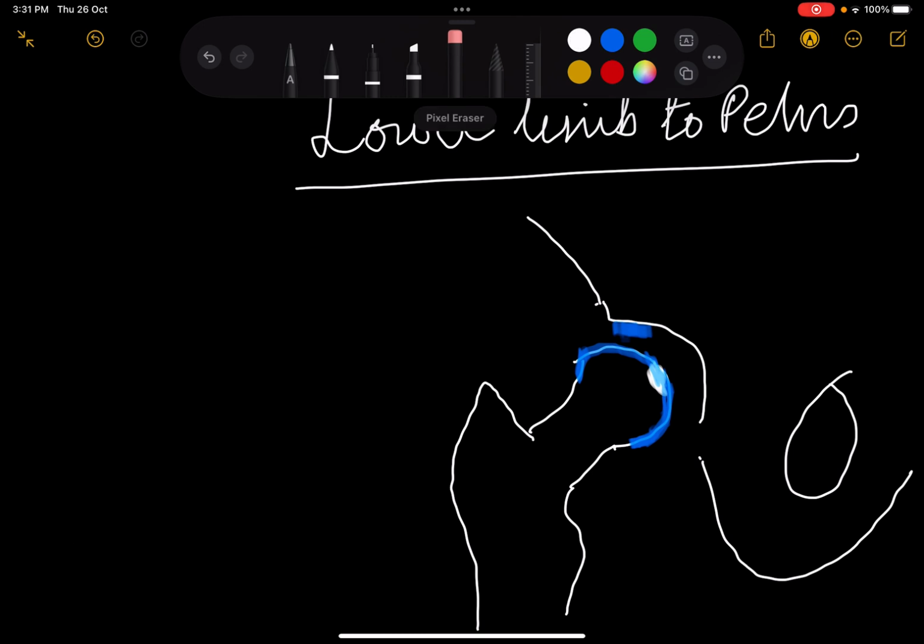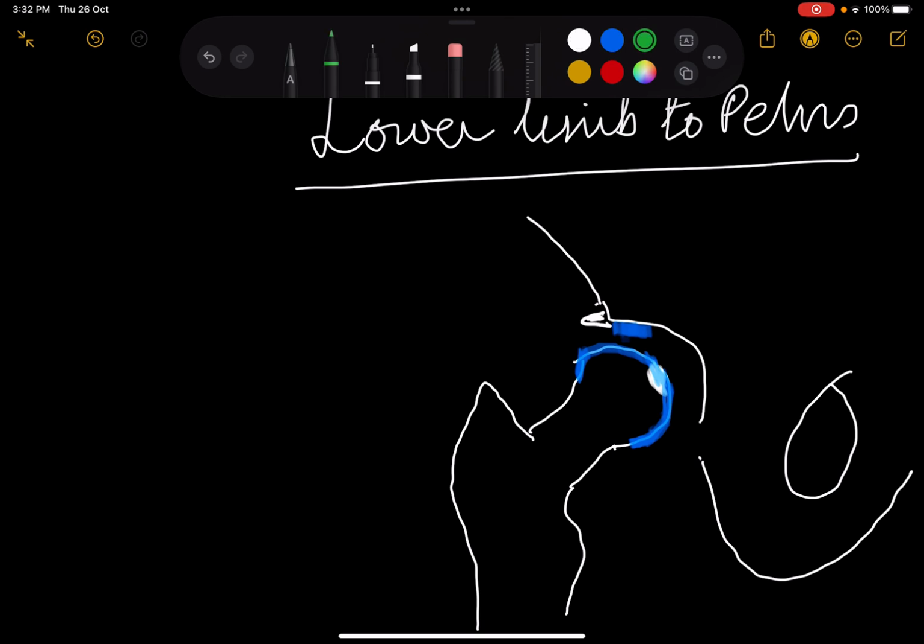Then you find that at this end you find the labrum acetabulare, which is a part of the cartilage itself.